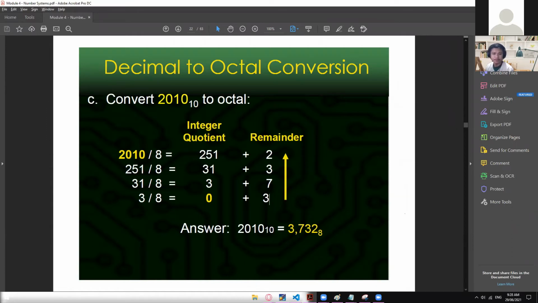Okay, so almost half, 60% or 70%. Do you guys have a question so far regarding this one? Are we clear on how we got the result of 3732 base 8?